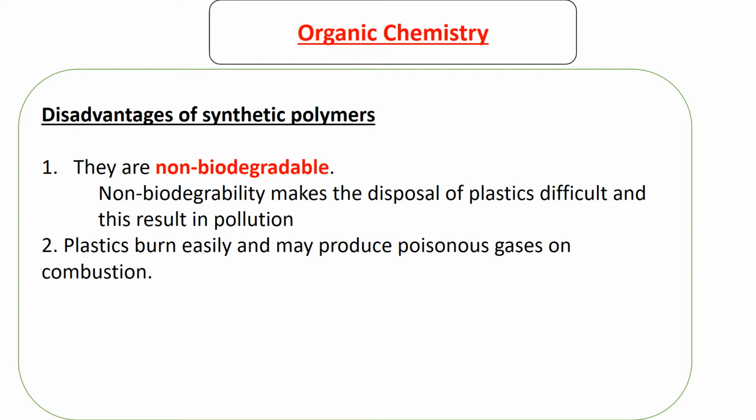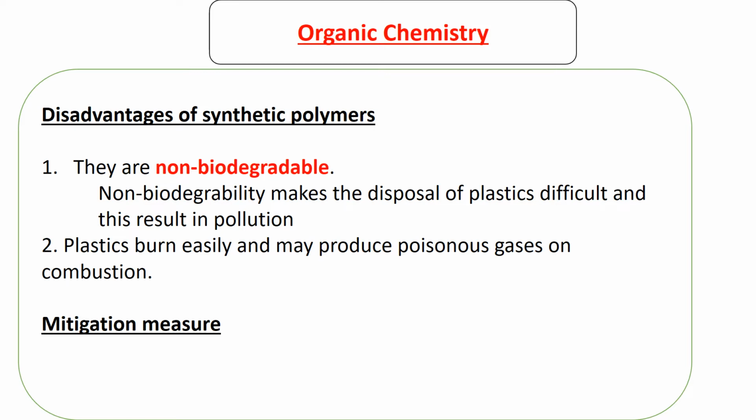Well, for the burning and producing poisonous gases, we can reduce their flammability. By that I mean we can add some chemicals so that they don't easily burn. So the mitigation measure for this second point, mitigation measure meaning what we can do to make sure that plastics don't burn.